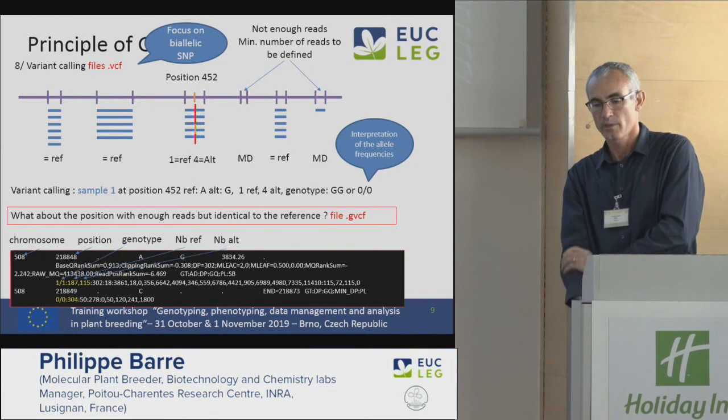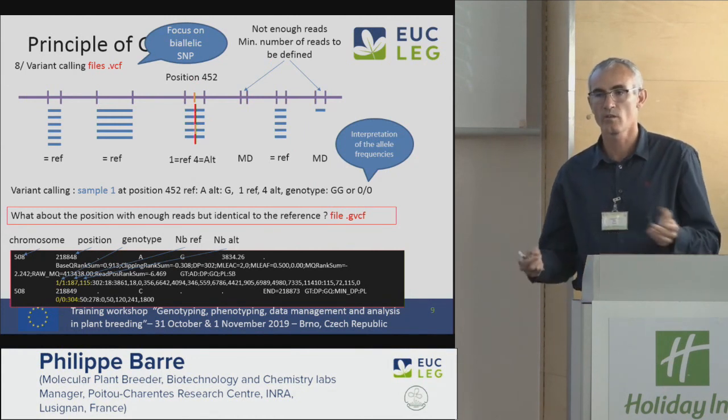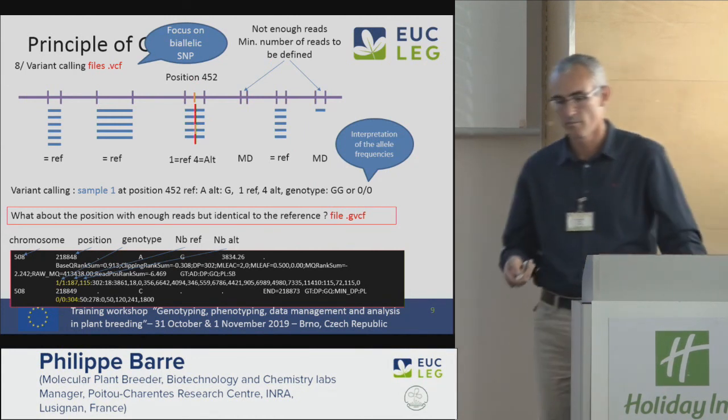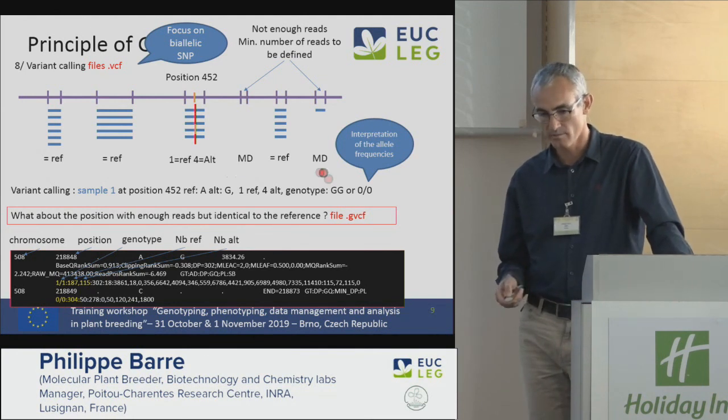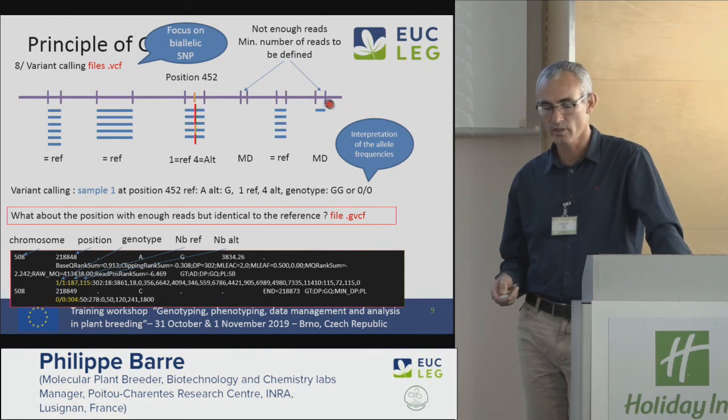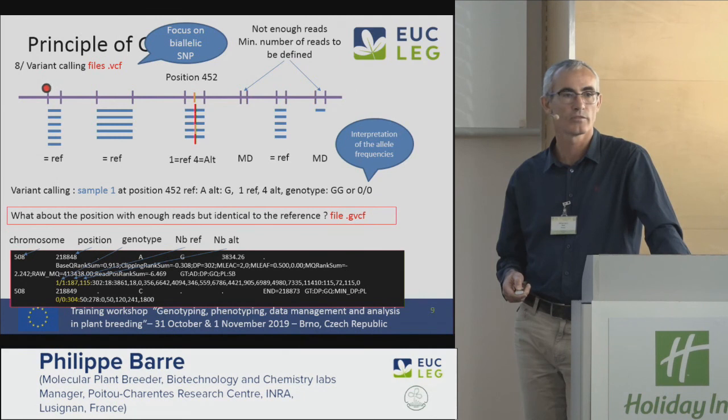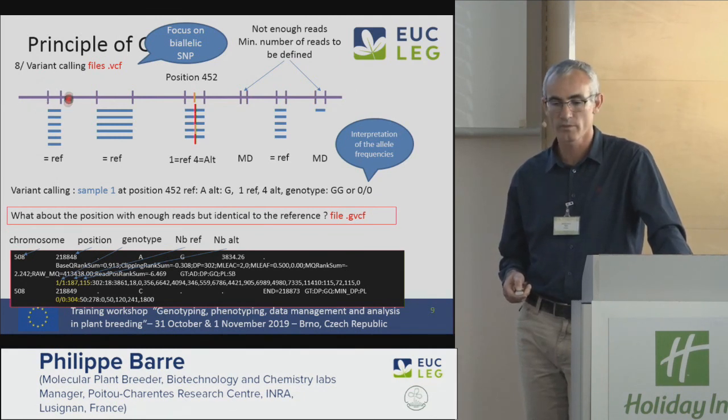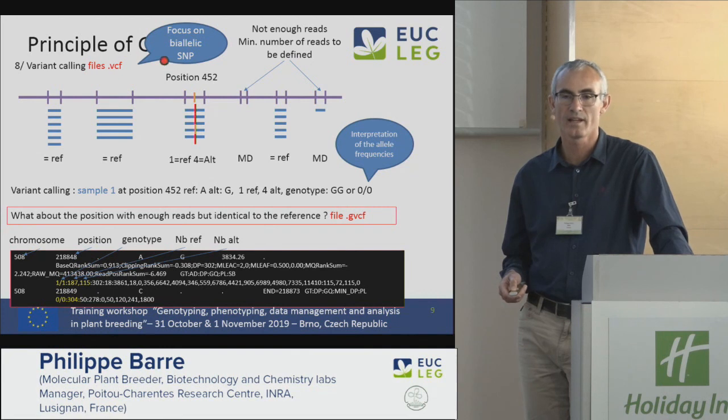So next step will be to say, okay, now I have all my sequences, my reads, aligned on the reference sequence, and I want to know where I have polymorphism, because I am interested in polymorphism. So polymorphism will be variant. And often, here I said, we will focus on biallelic SNPs, like A, G, or something else.